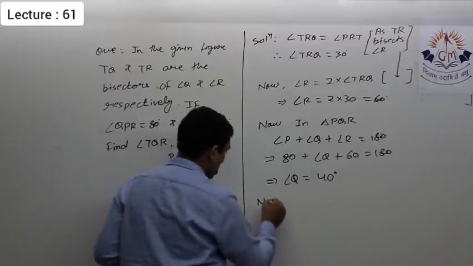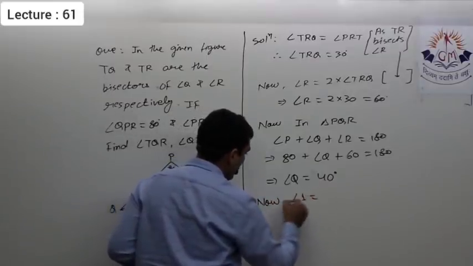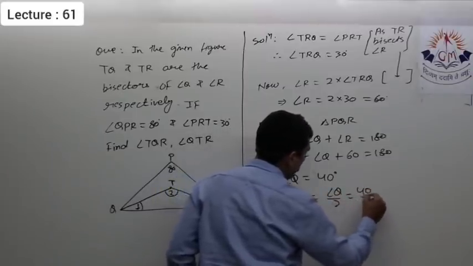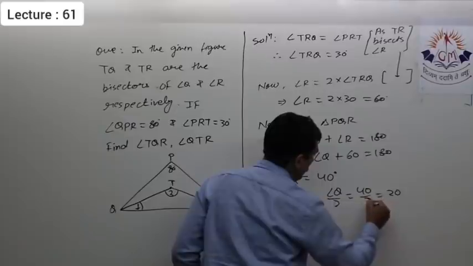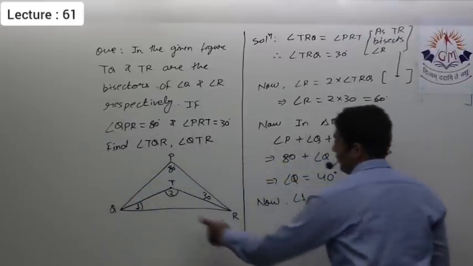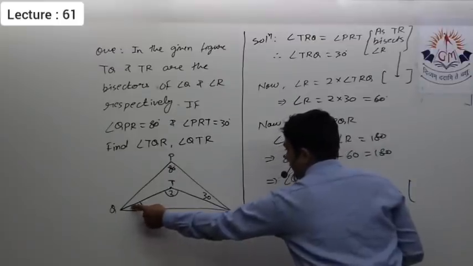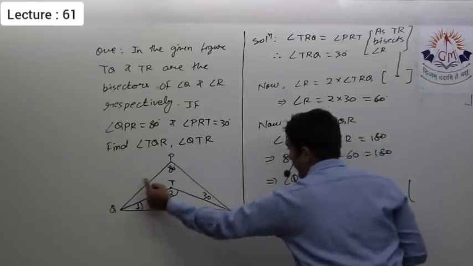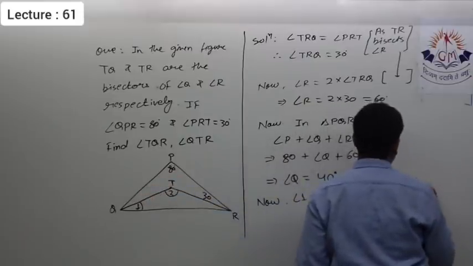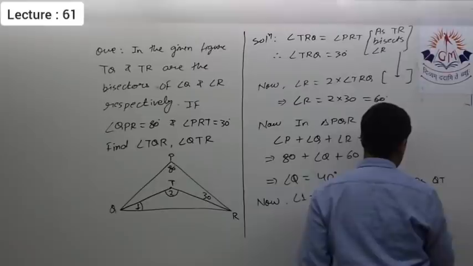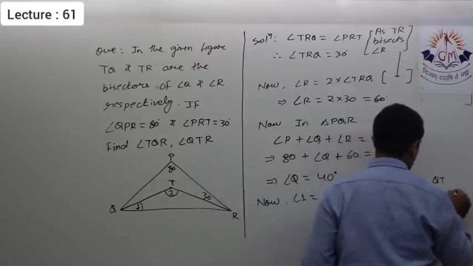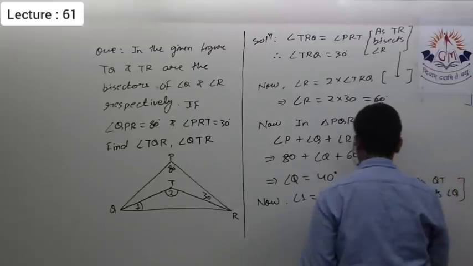Now angle 1 is equal to angle Q by 2, so 40 by 2, that is 20 degree. Now why is angle 1 equal to Q by 2? The reason is that angle 1 is half of angle Q, because QT bisects angle Q, that is given.